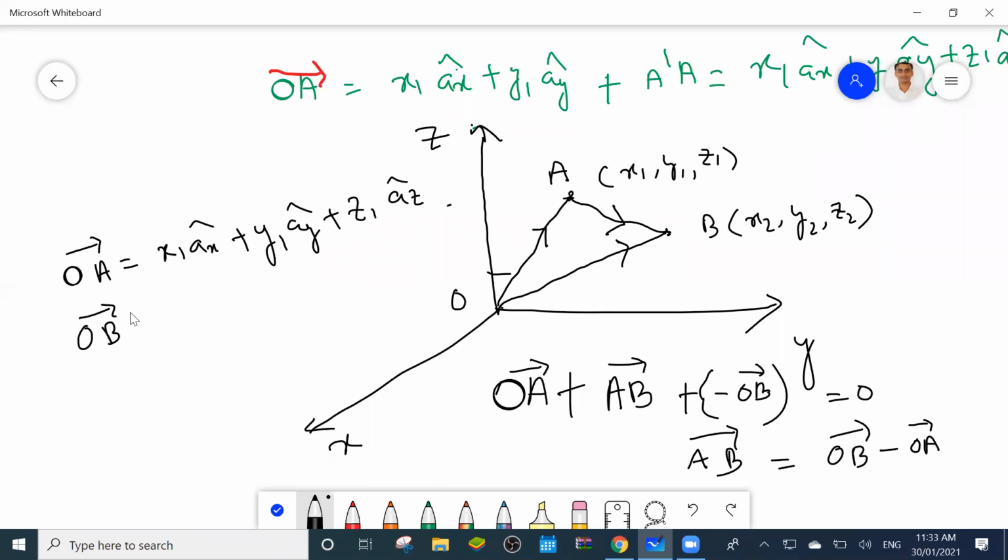Similarly, OB is x2 x cap plus y2 ay cap plus z2 az cap. This is the position vector with respect to point B and point A. So if you know OB and OA, you can find AB: OB minus OA.